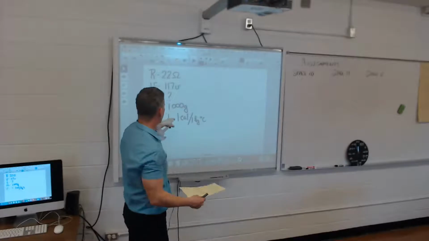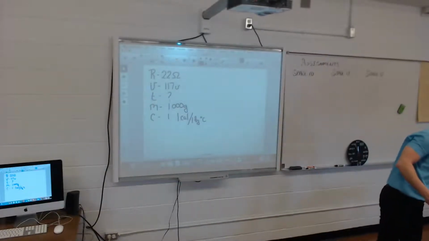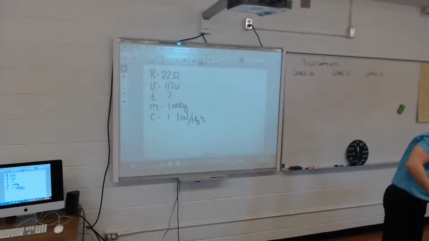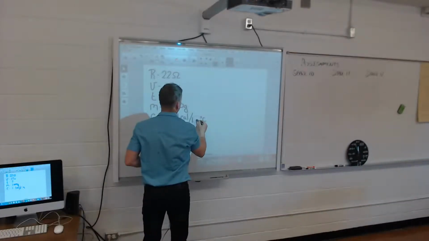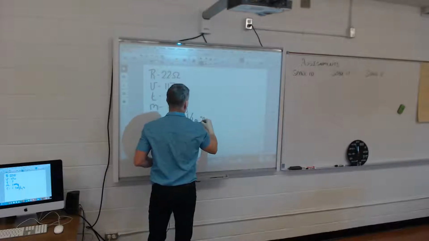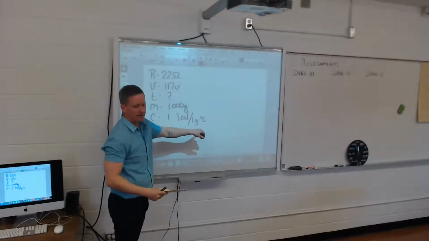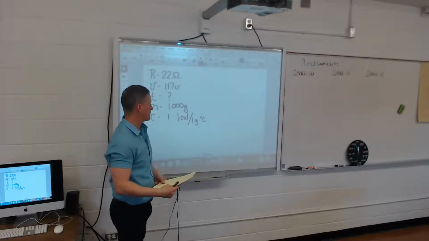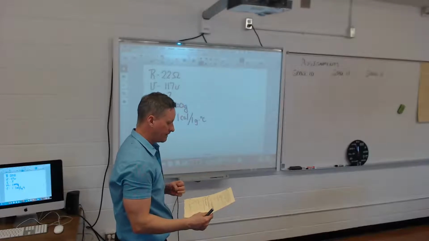So the specific heat constant is 1 calorie per gram degree Celsius. Oh, sorry, I did make an error here. I want this to be in grams. If I have calories, I've got grams. If I have kilocalories, I have kilograms. But I don't like to use kilograms, like I said. I make more mistakes that way.